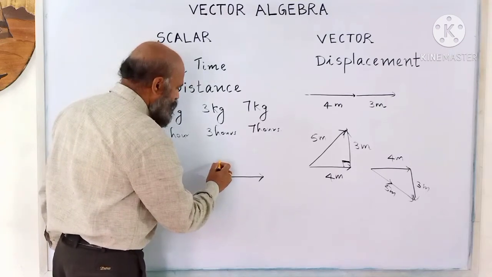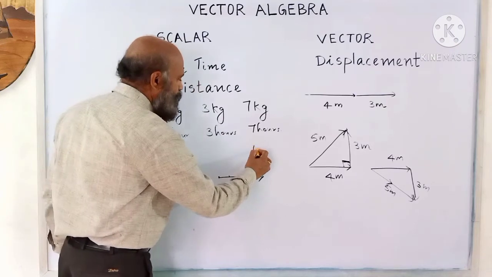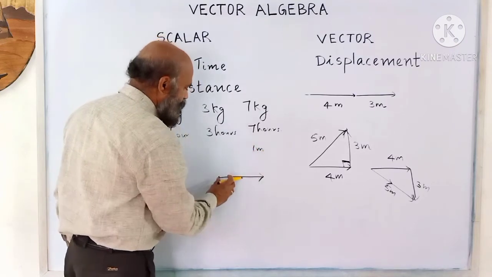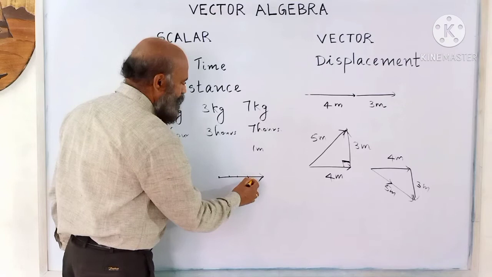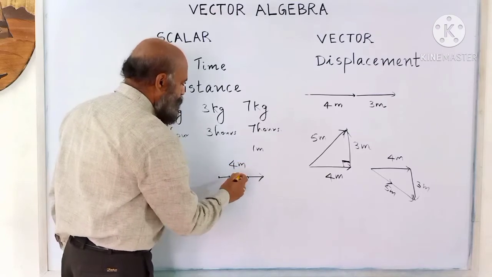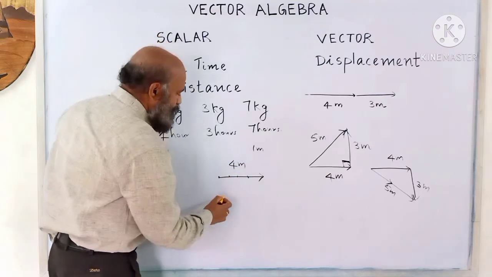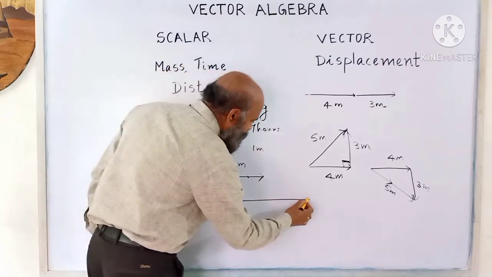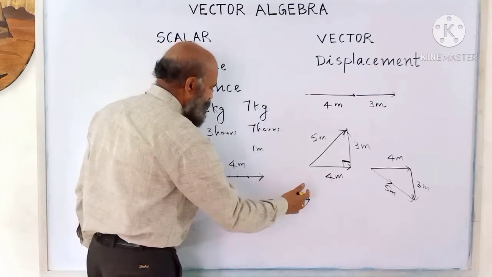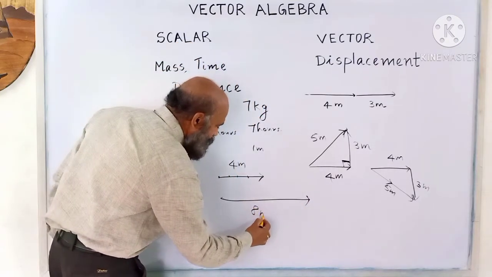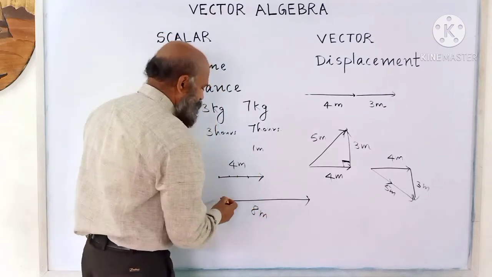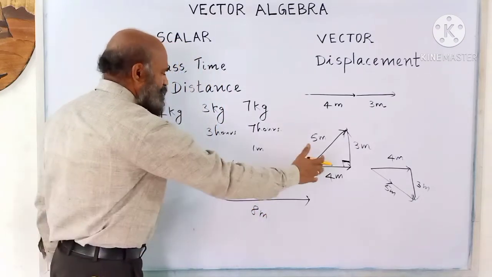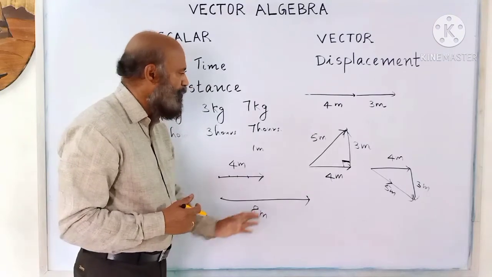If you represent 1 meter by 1 centimeter, so 1, 2, 3, so 4 meter can be represented. Suppose it is 8 meters, so you have to use an arrow of double the length. This is 8 meter towards the east. This displacement is towards the east.